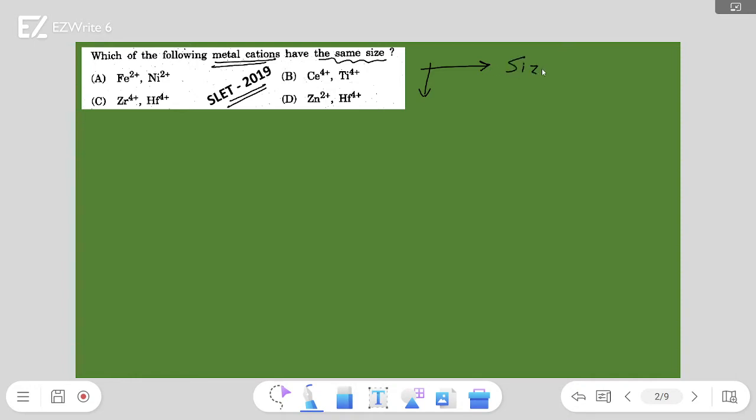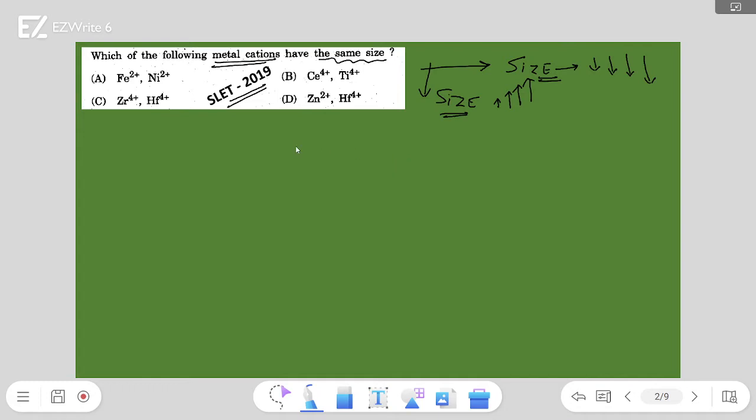Generally, the size is found to decrease when we move from left to right, and the size is found to increase when we move from top to bottom. So these are the two scenarios, the decrease in the size and the increase in the size, respectively, with moving left to right and top to bottom.